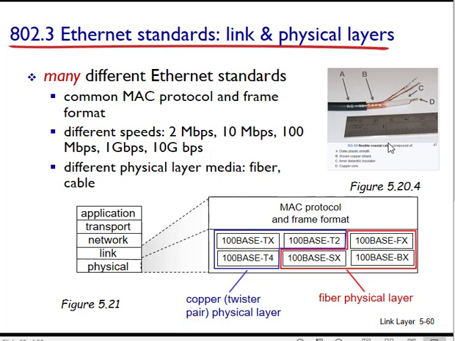A coaxial cable, as seen in figure 5.20.4, corresponds to the view of Ethernet as a broadcast medium. That is, all frames transmitted by one interface are received at all the other interfaces in a bus topology.